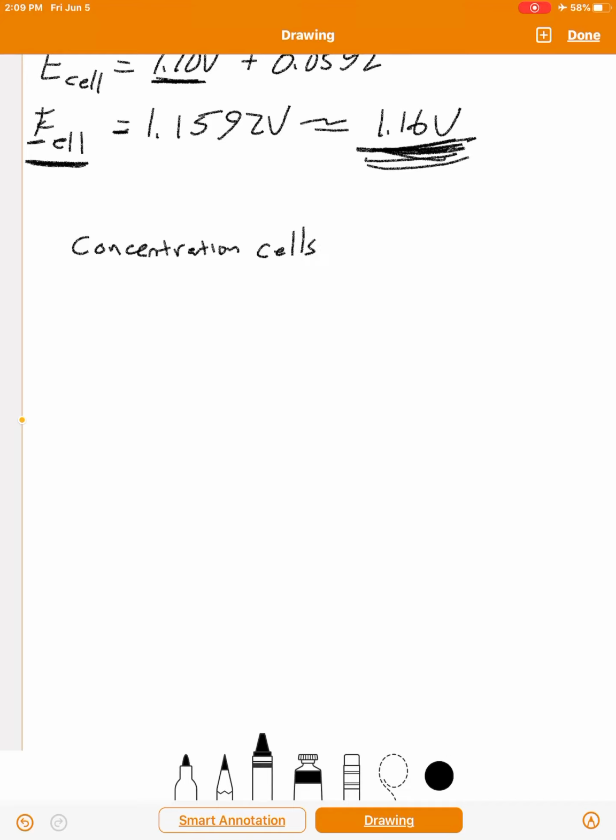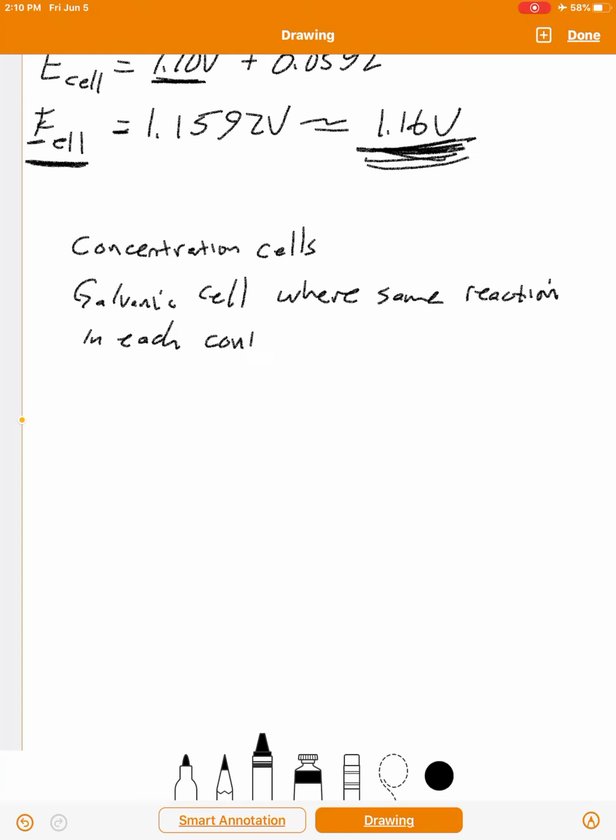And so a concentration cell is a galvanic cell where you have the same reaction in each container, but different concentrations.